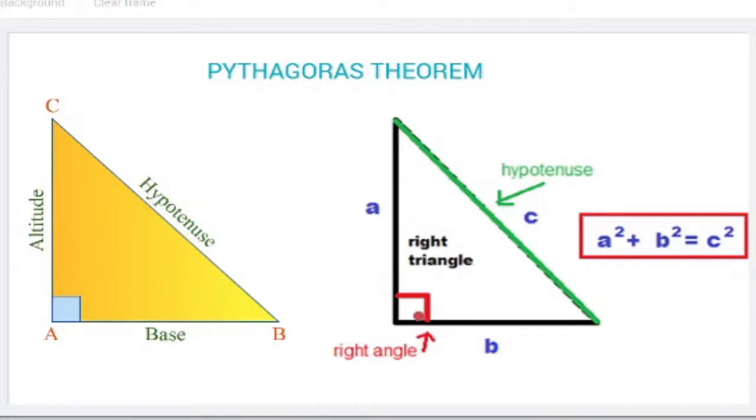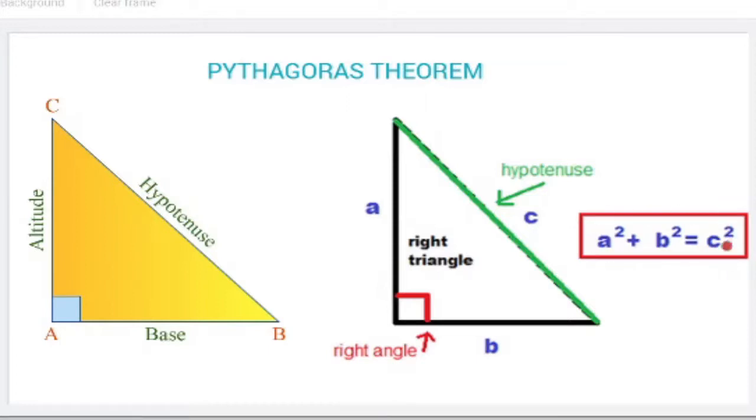So here you can also see a right angle. This is known as the hypotenuse. For easy understanding, you can name the sides: suppose this side is A, this side is B, and this side is C. Then Pythagoras theorem states that the sum of the squares of base and altitude, that is A square plus B square, equals C square.